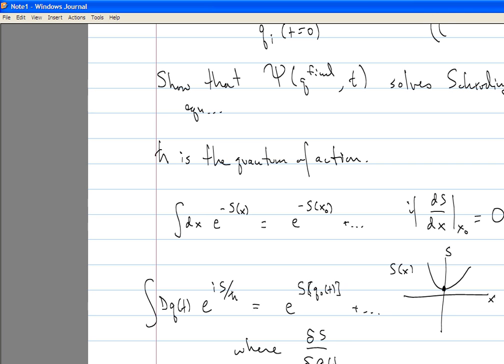That's the saddle point approximation. And what is the statement that the derivative of the action with respect to a path is equal to 0? That's the Euler-Lagrange equation. Those are the equations of motion of a classical system.